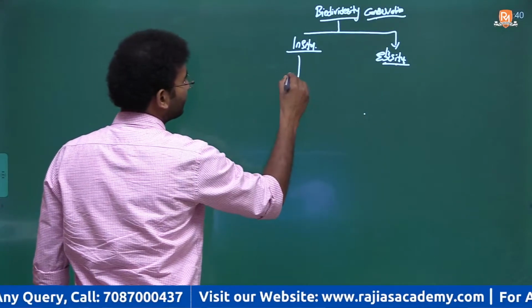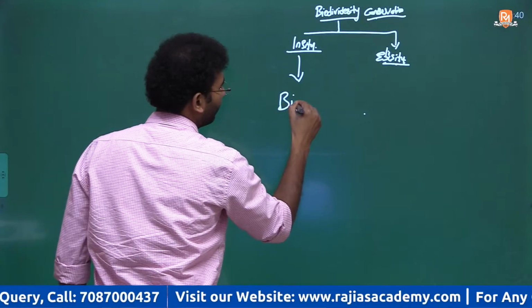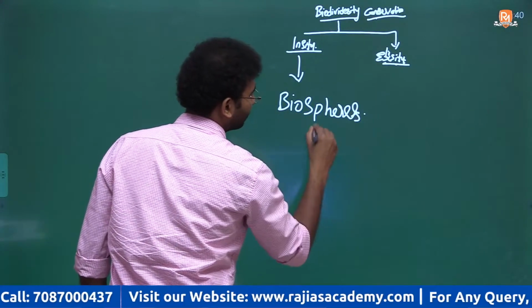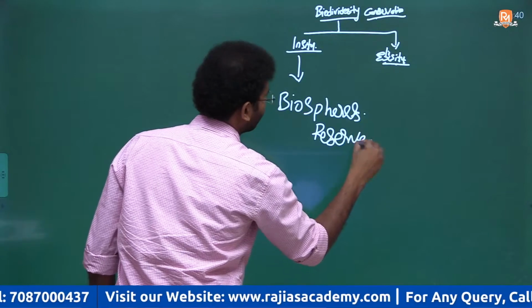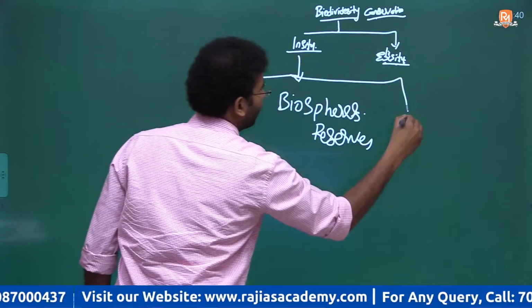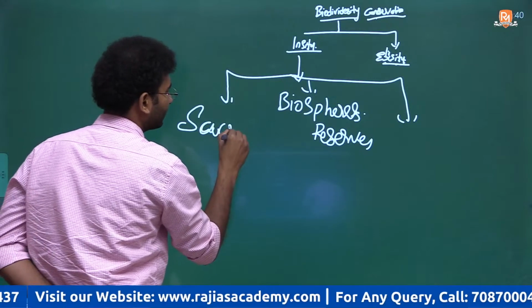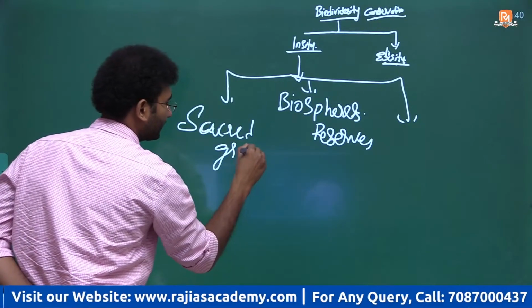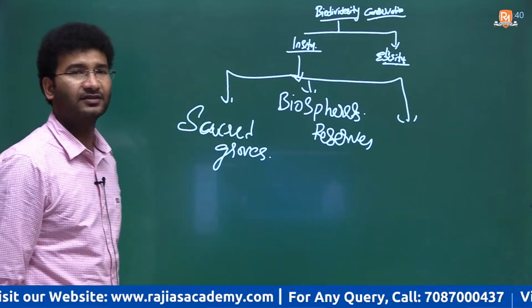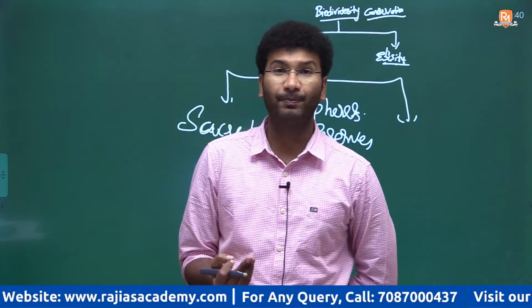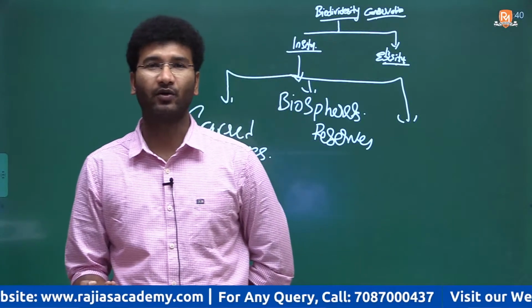The first in situ method of conservation is biosphere reserves, right? And the other forms here are sacred groves. Sacred groves means those plants and species which people generally pray to and protect over a period of time.